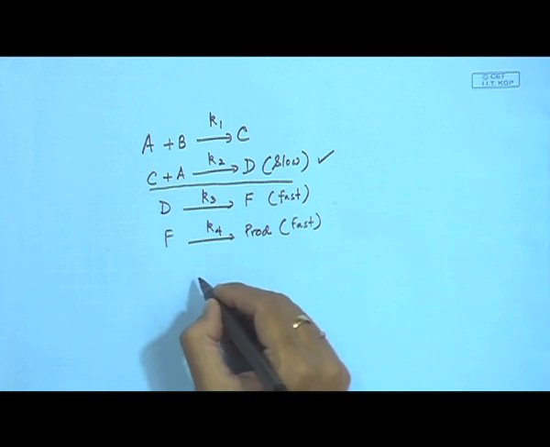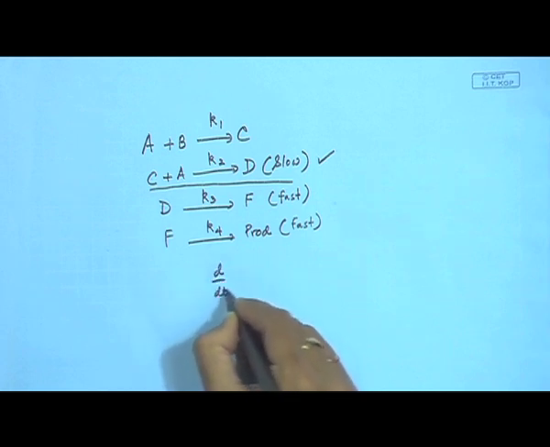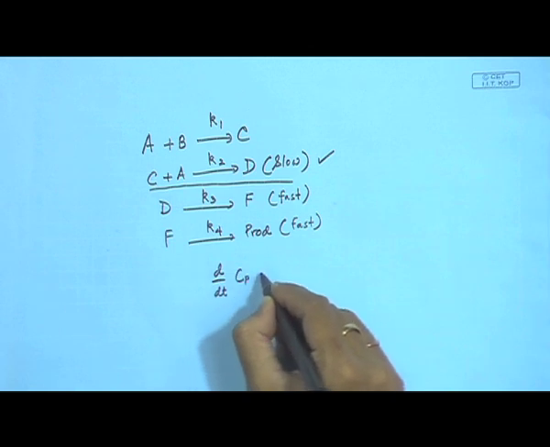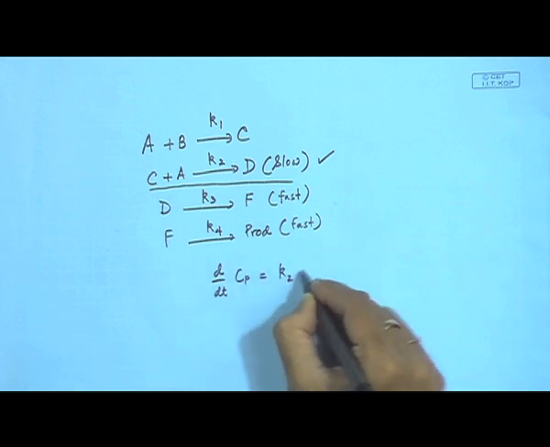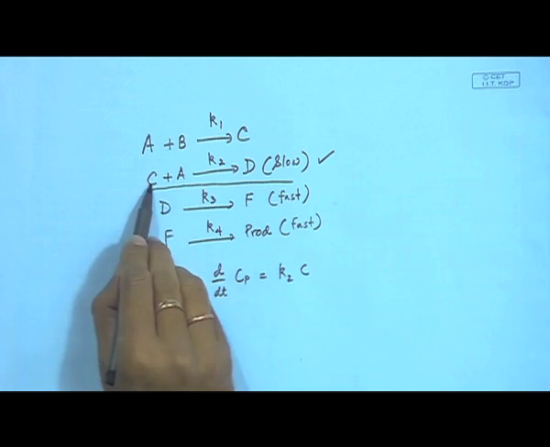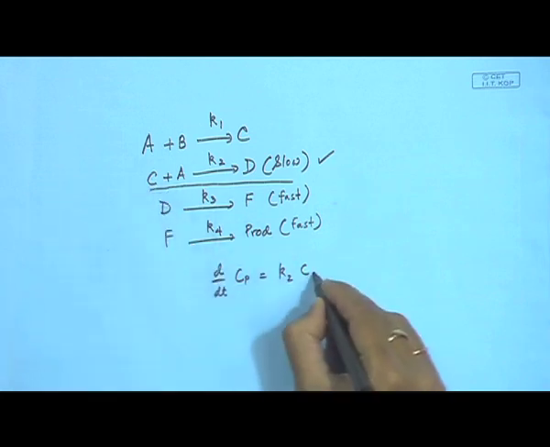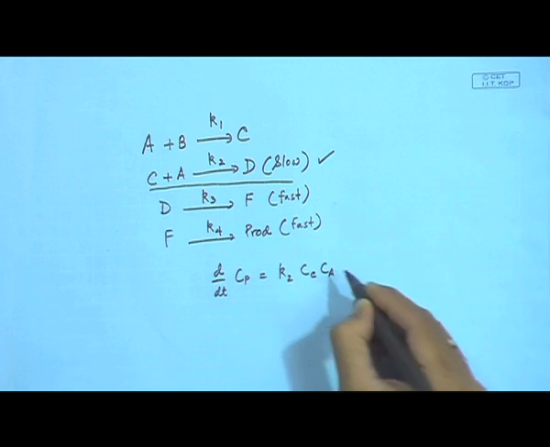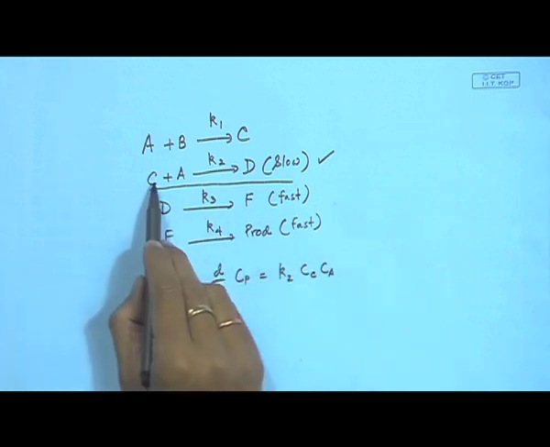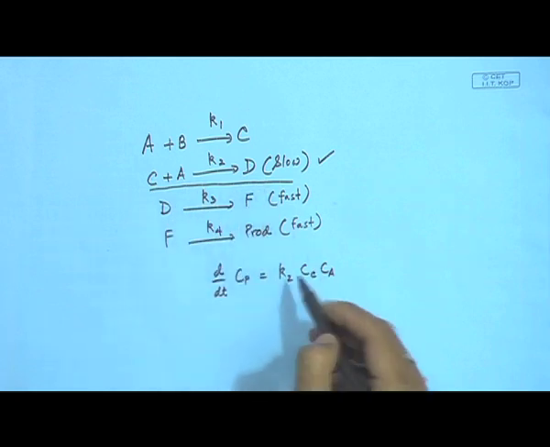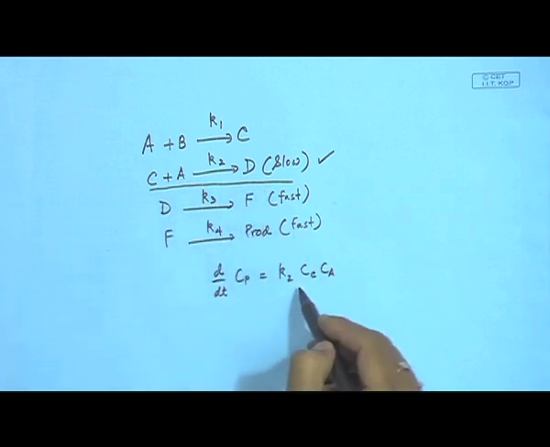Therefore, the rate of formation of the product, d concentration of P by dt, is equal to K2 times concentration of C times concentration of A. In elementary steps, the number of species involved should come into the rate equation.